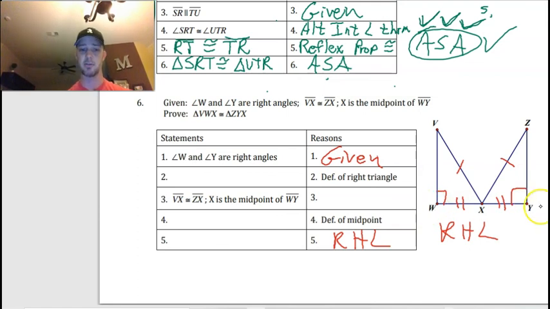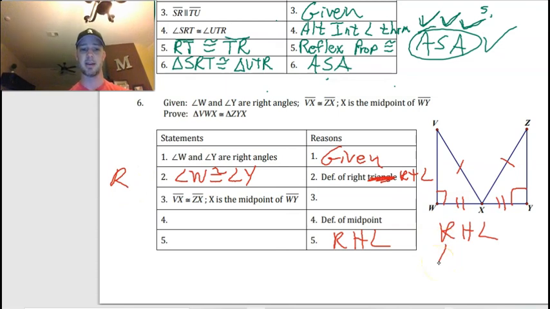Angle W is congruent to angle Y. Definition of a right triangle, I'd just say definition of right angle. And that way this works as a congruency statement, one of the pieces we're using.